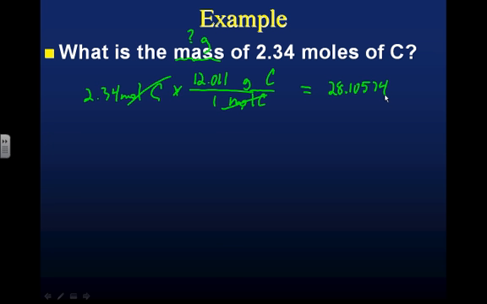Same thing. How many sig figs can you have? 3. This is a calculation now, so we have to bring it down to 3 sig figs here. So it's 28.1. Unit? Grams of what? Carbon. So you always put the unit and what it is you're talking about. So that many grams of carbon.